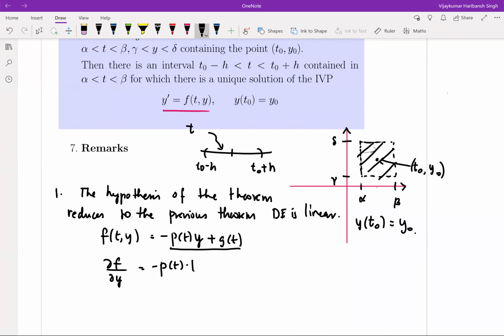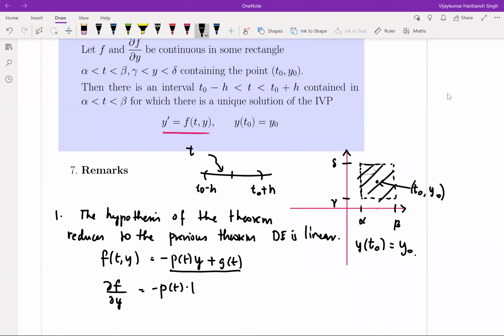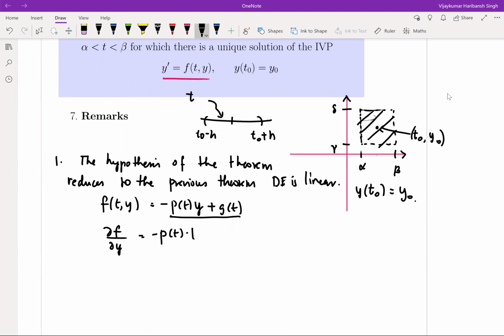So therefore, this theorem tells us what? Let f and the partial derivative of f with respect to y be continuous on some rectangle. In this case, it reduces down to saying that f and its partial derivative with respect to y are continuous. But this is the same as saying, if and only if, p and g are continuous.